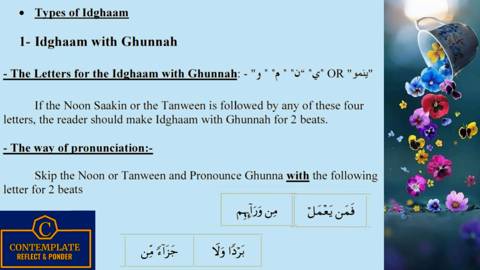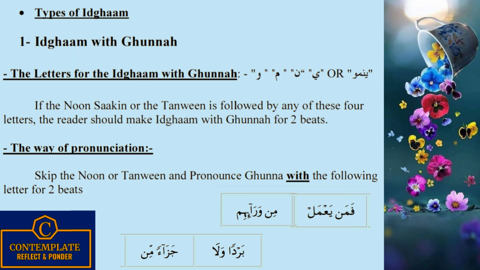The first is those letters pronounced with ghunna, and the other category is those letters pronounced without ghunna. In the first type we are discussing those letters pronounced with ghunna, and they are 4 letters. How many letters? 4 letters: letter ya, letter mim, letter noon, letter waw.